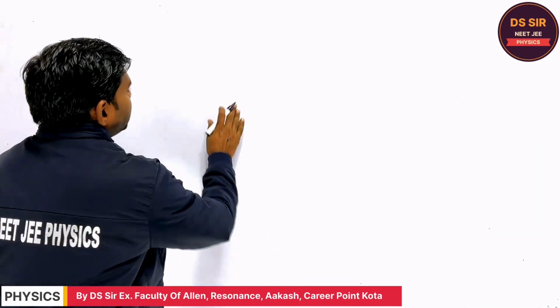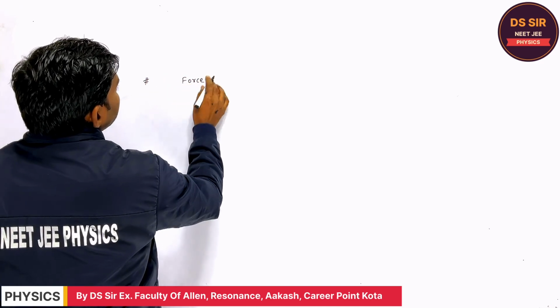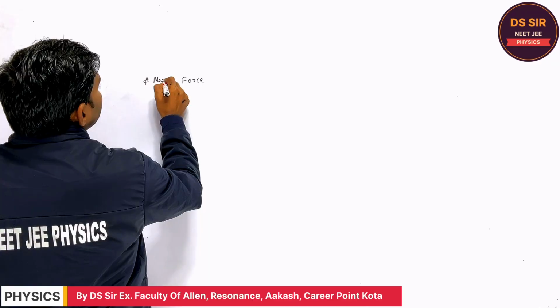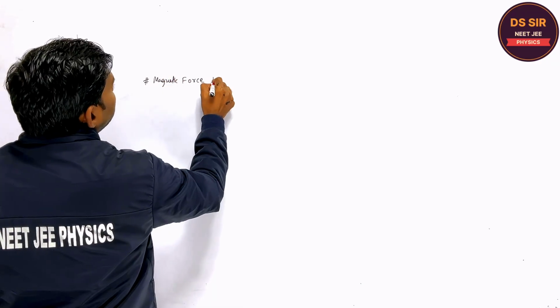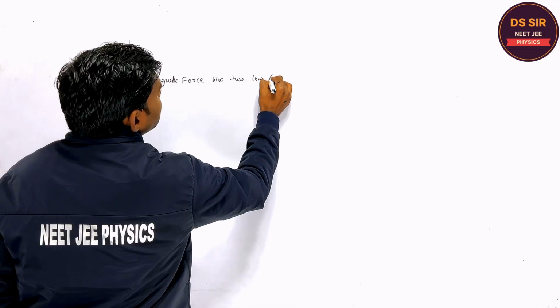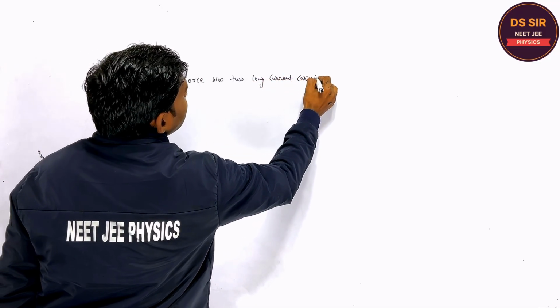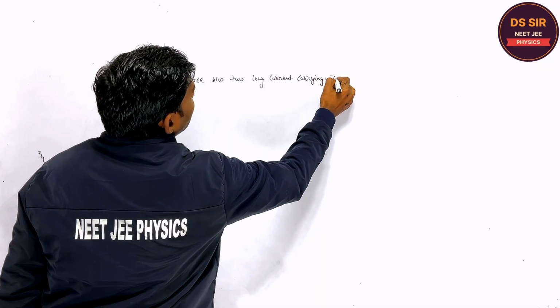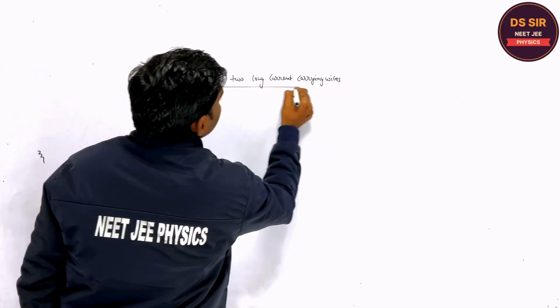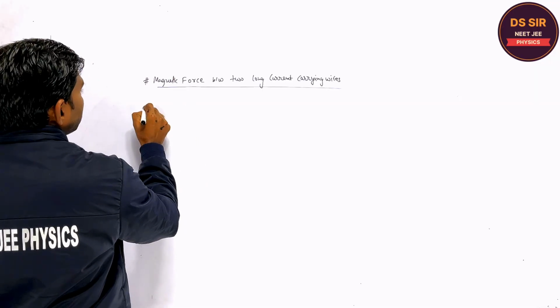Copy this. So let's see another concept, that is the magnetic force between two long current carrying wires. All right. Yes. So in this case, we will consider two cases.